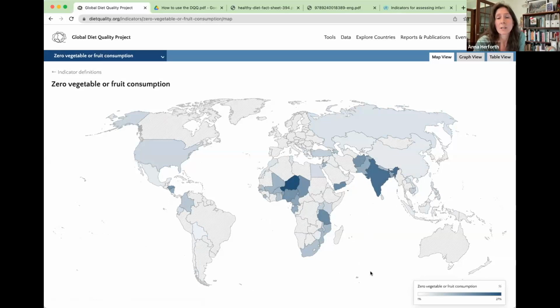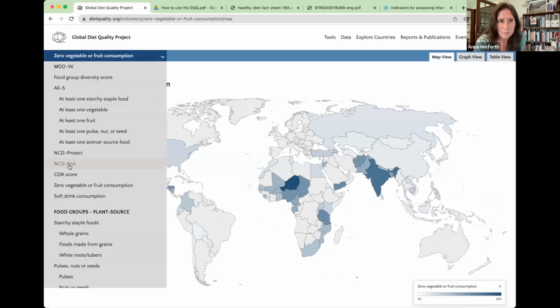In most countries, we see quite a high proportion of people are consuming at least some sort of vegetable, at least some sort of tomato or green leafy vegetables are very common in many countries. So this is a pretty dire indicator of lack of fruits and vegetables, which are both health protective and contain nutrients for health.